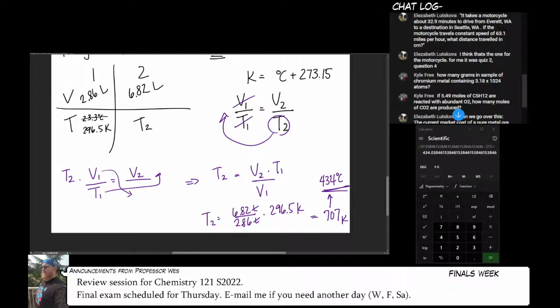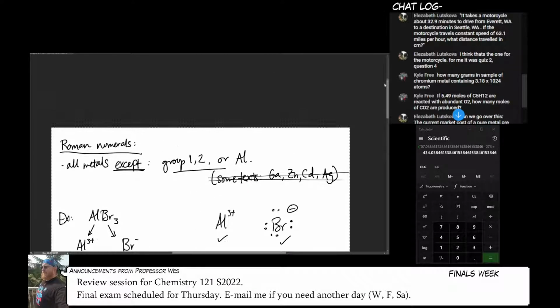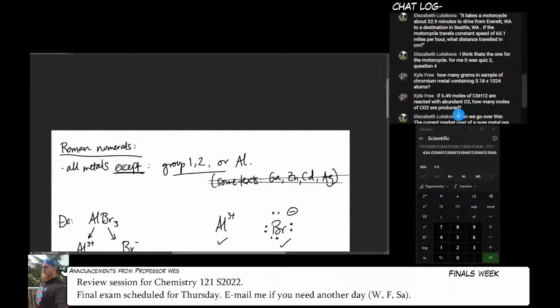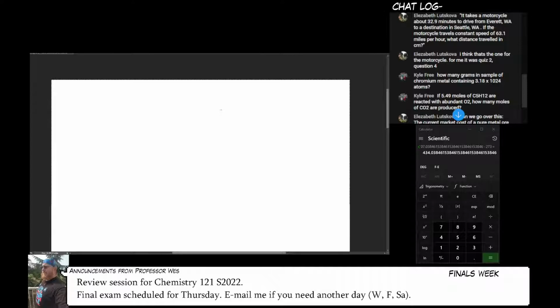All right, so we got this motorcycle problem. I got to scroll all the way back up to the top here. All right, so it takes a motorcycle 32.9 minutes to travel from Everett to Seattle.